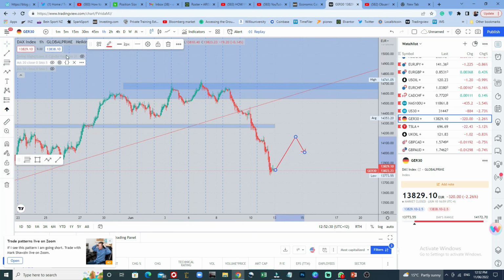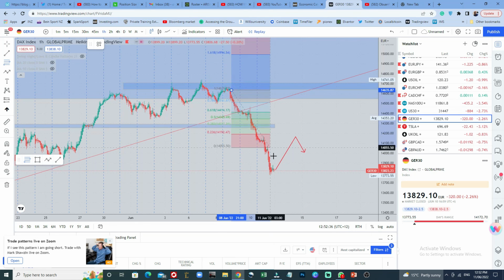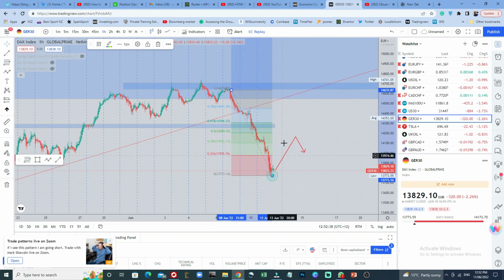Then I'll take my Fib level from here, push it downside. Once I see the market reacting around this area, then I draw my counter trend line to this structure here. Then once it crosses this line, I take a sell.